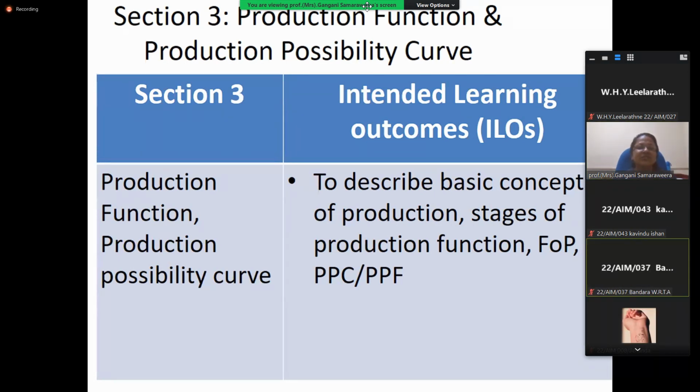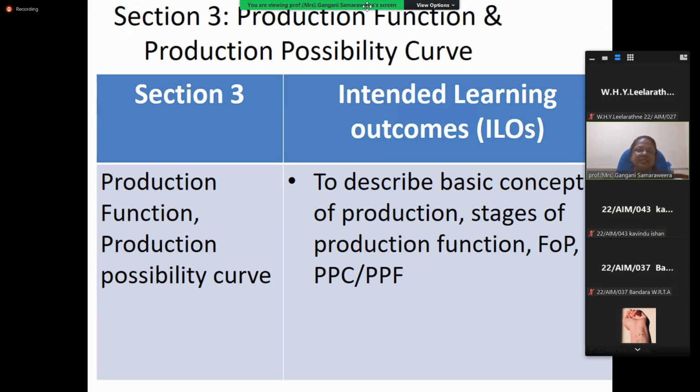So section 3, we need to discuss today production function and production possibility curve. Very first time we discussed what is microeconomics. Then we discussed basic microeconomic principles. Now we are going to learn about production function and production possibility curve.